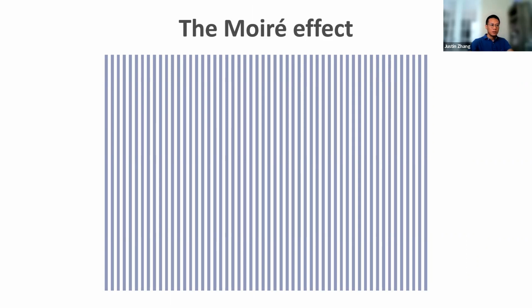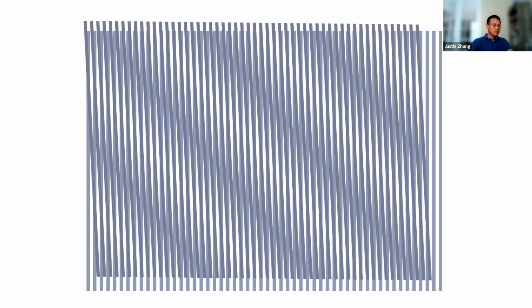There's actually no animation here, it's just our perception, because there are too many vertical lines which cause this Moiré effect. We may feel dizzy if we stare at this for too long. The shimmering effect is going to be worse if we add some overlapping grids.